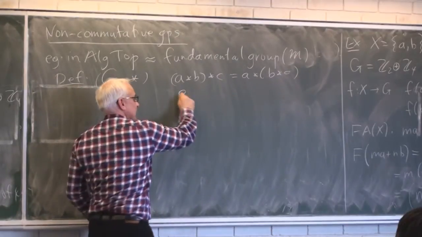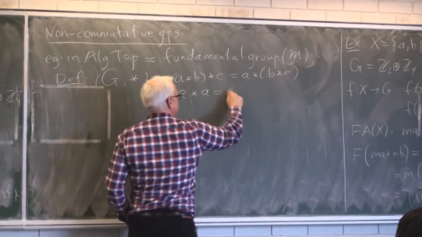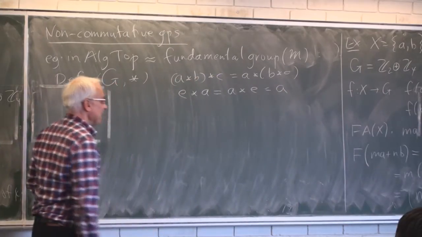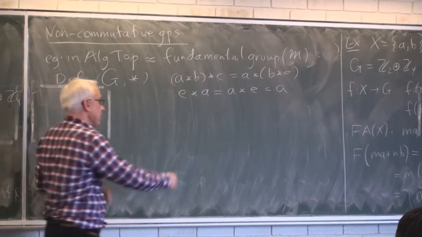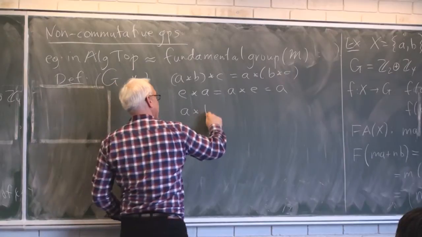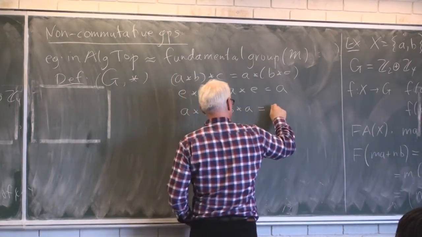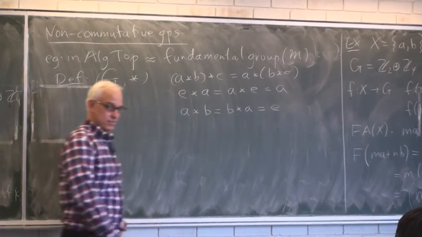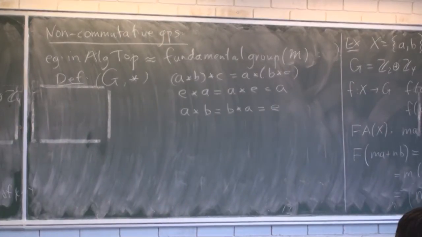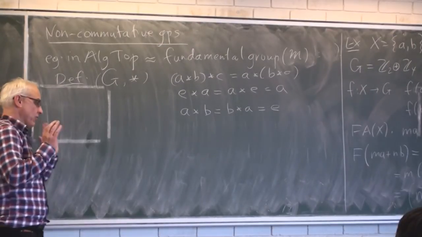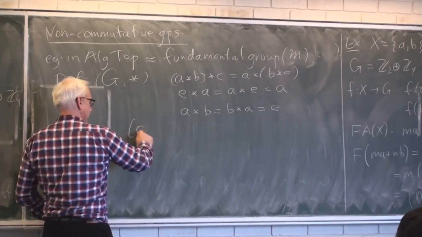We require the existence of an identity, that's the identity E. And we require the existence of inverses. So given any element A, there's an element B, so that A times B equals B times A equals E. Okay. The crucial thing that we don't require is the commutative law, that A times B is B times A. We don't require that.